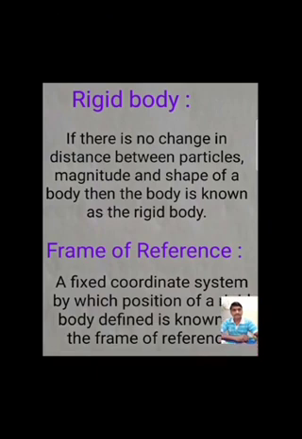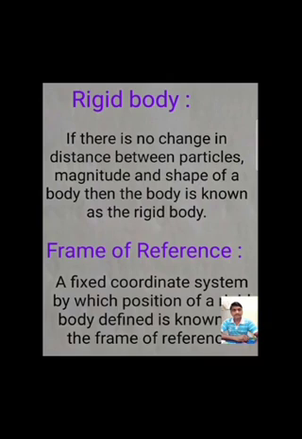If they are also fixed even due to the application of external force, and if there is no change in magnitude and no change in shape of the body or shape of the system of particles, then we call it a rigid body.